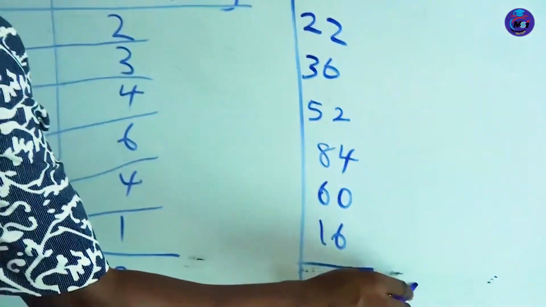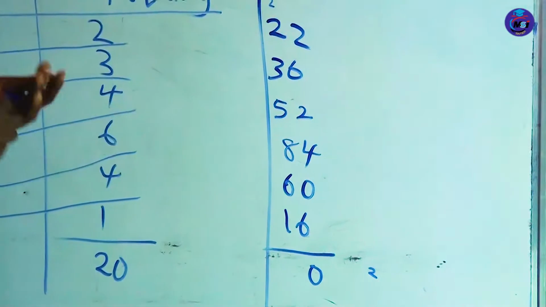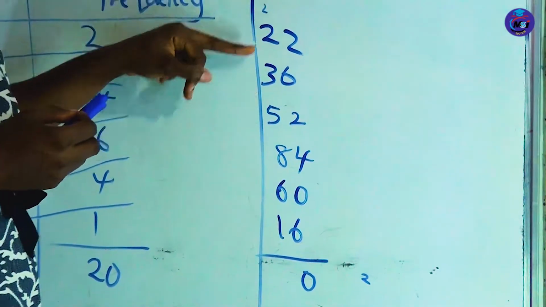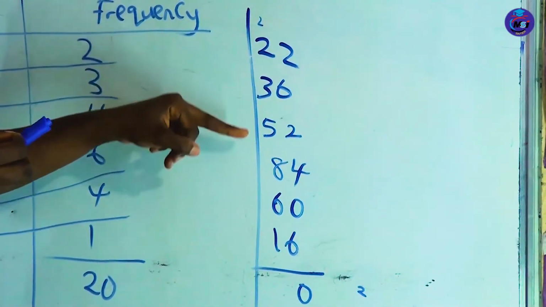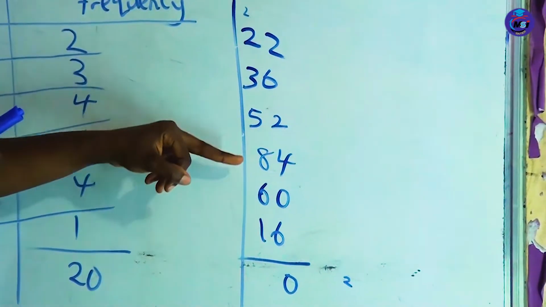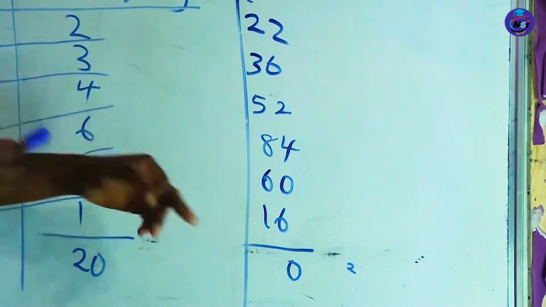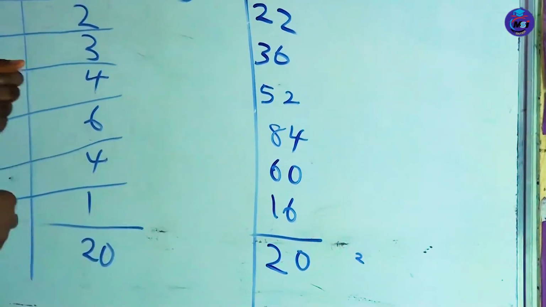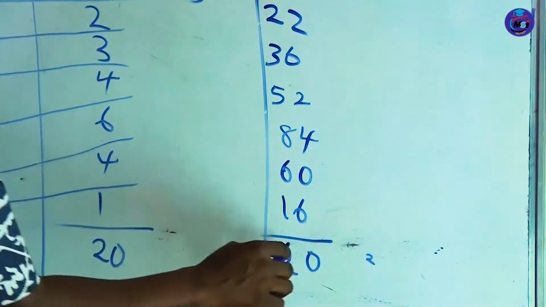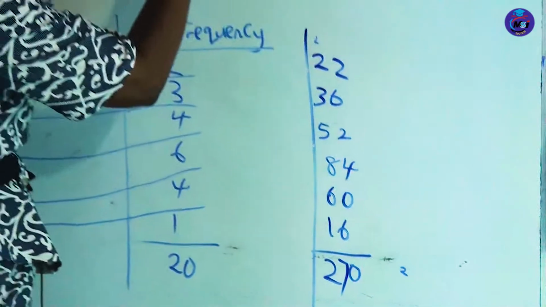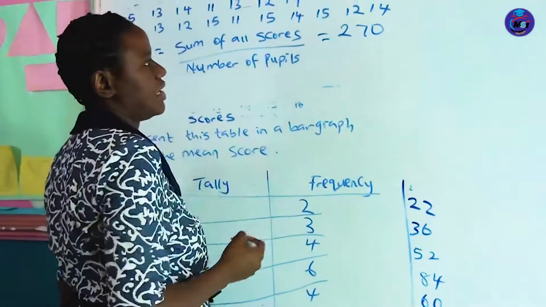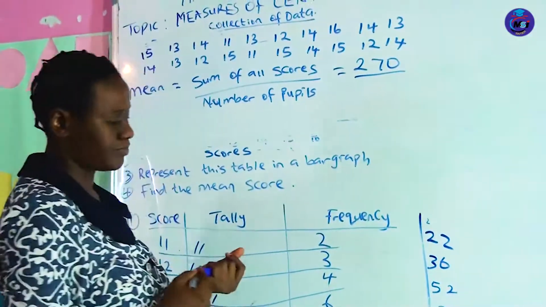Right? 0, lift 2. 2 plus 2, 4, plus 3, 7, plus 5, 12, plus 8, 20, plus 6, 26, plus 1, 27. So I have 270 all over.